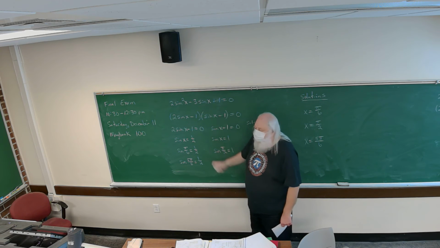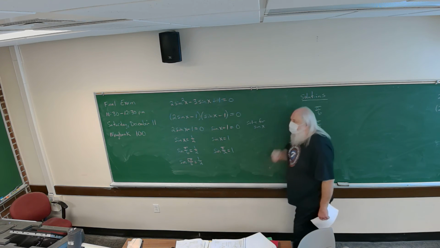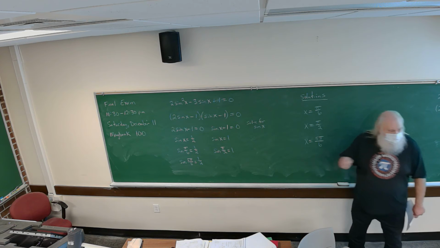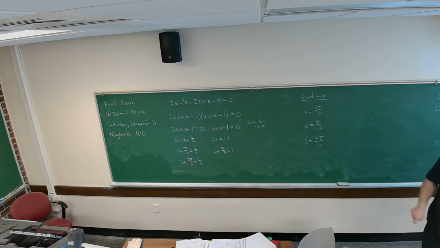Those are the three angles on the unit circle. We want all angles that will make the left-hand side equal to 0. And what we know from section 4.2 is that angles that are coterminal have the same value for the sine function, the same value for the cosine function, and so forth.